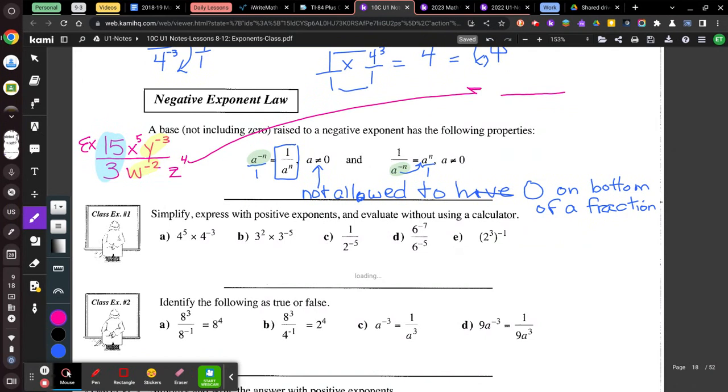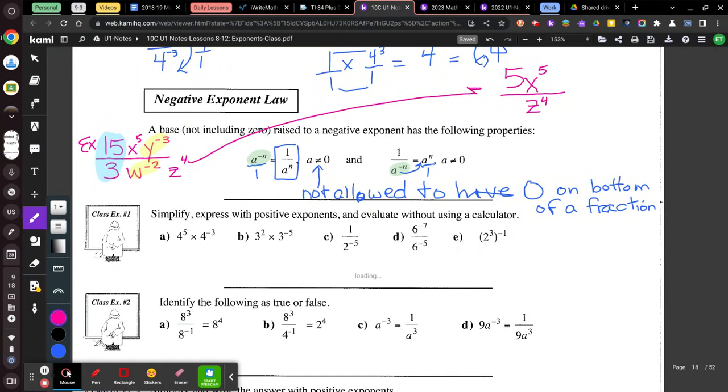The ones that are positive where they start aren't going to move. So the x^5 is positive on top, he's not moving, and z^4 is positive on the bottom, he's not moving. You're going to divide the 15 and 3, you end up with a 5. Your answers always go to the top.